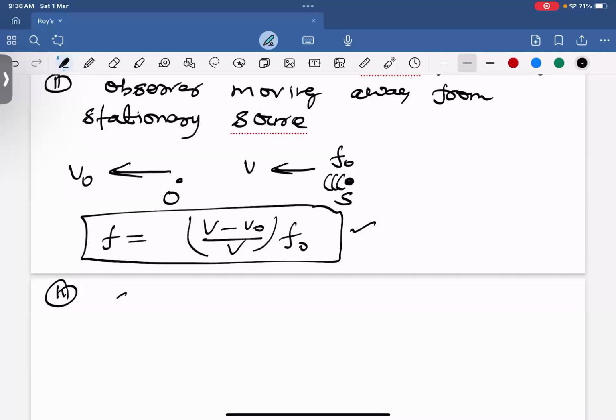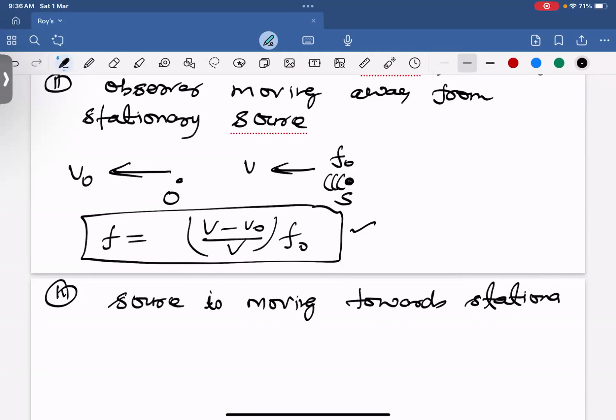The second case is that the source is moving towards a stationary observer. That means now the observer is not moving.